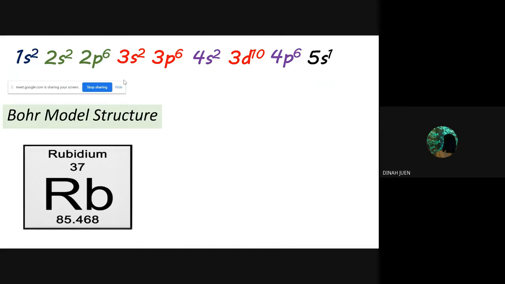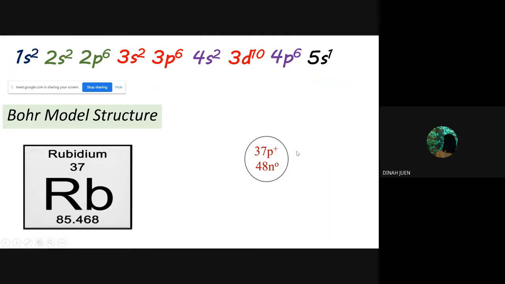Here, the first thing that you will do is write the number of protons and neutrons, and we know that these two subatomic particles are the ones creating the nucleus.